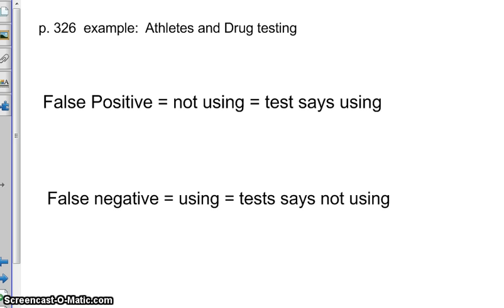A false positive would say that you tested positive, but you're not really using drugs. False negative, you would get a negative test result, even though you shouldn't. So you're using the drugs and you get a false negative. So that takes care of our conditional probability piece and probability.